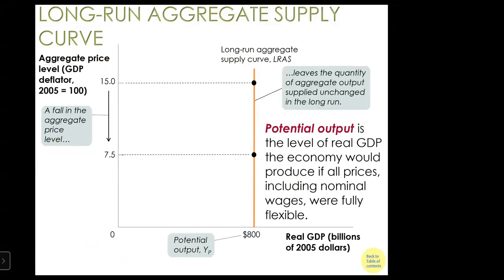So the question I just raised is, what determines the level of potential output we can produce? Why do we produce 800 billion, not 600, or not 1 trillion? Why not point A? No, we are in B. What determines our potential?